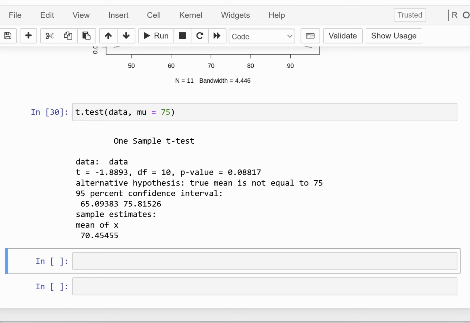It does all of those simulations that we did up above and generates a p-value for this specific data. Okay? But notice that our p-value is 0.09, right? If I round that, 0.08817, which is greater than 0.05.